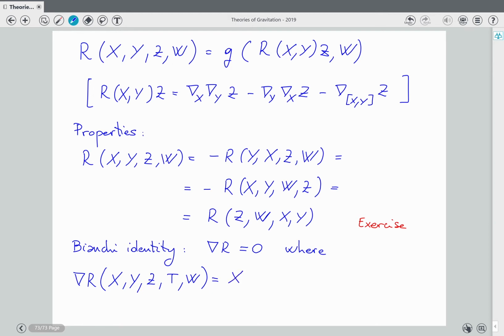Let's take the first vector field and make it act on the function obtained by taking R on the other 4.